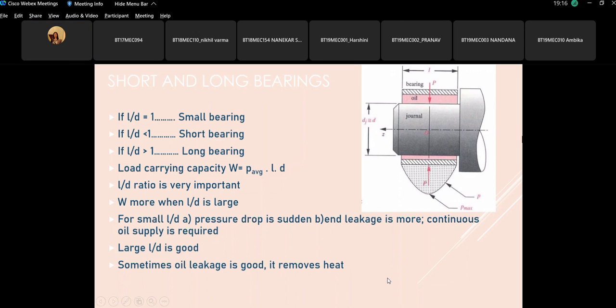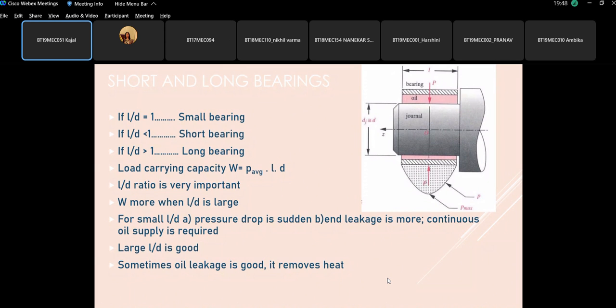What is a journal? Kajal, what do you mean by a journal? Yes, ma'am. Ma'am, it is a machine element which supports a moving element. And what is a bearing then? Bearing is also a machine element.